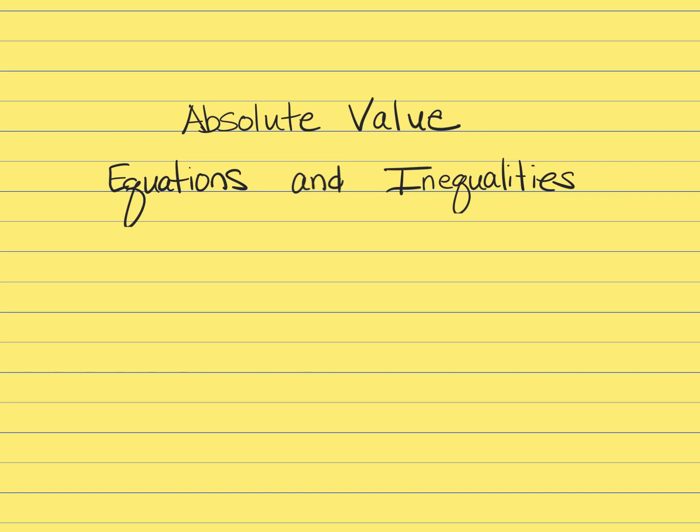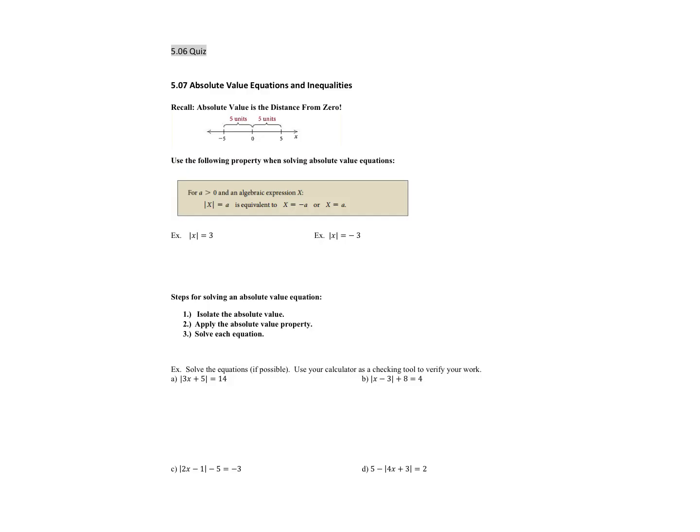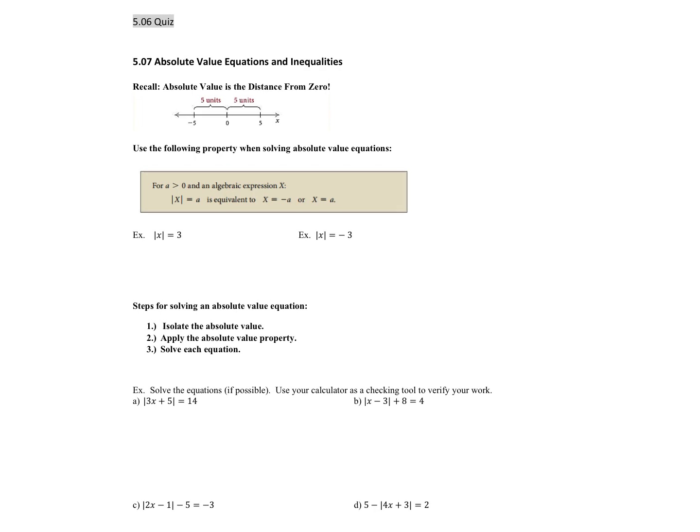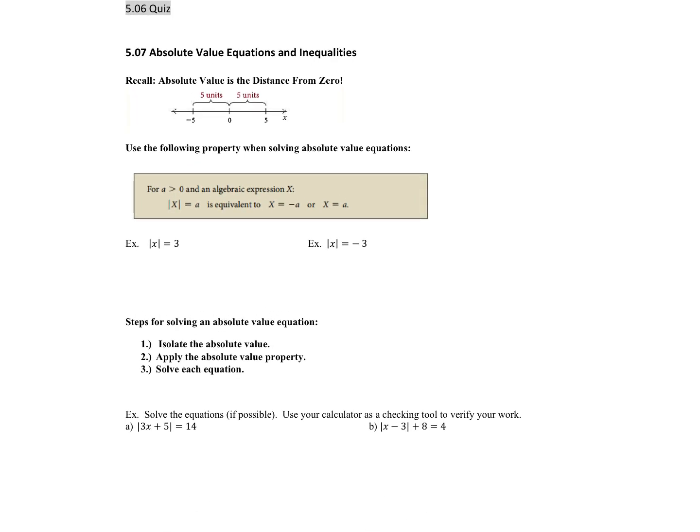In this video, we'll discuss absolute value equations and inequalities. Remember that an absolute value is the distance from zero. So when we say the absolute value of x is 5, what we mean is x is 5 or x is negative 5.